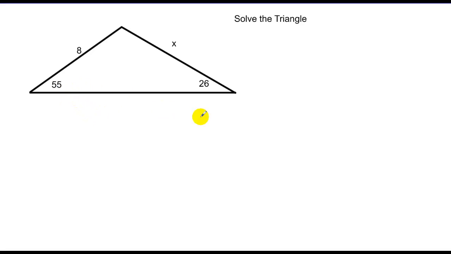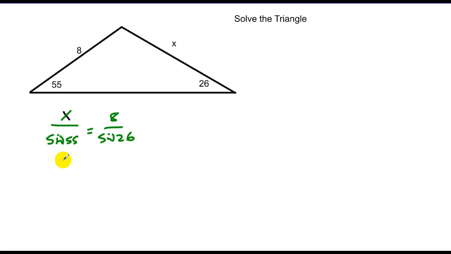We have an angle-side given, so we can use our law of sines, and I want to find x, so I'm going to put my unknown on top. I say x over the sine of 55 is equal to 8 over the sine of 26.